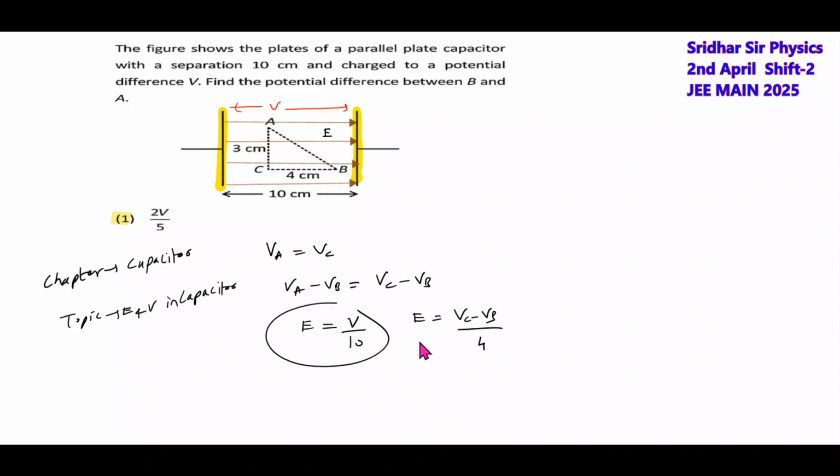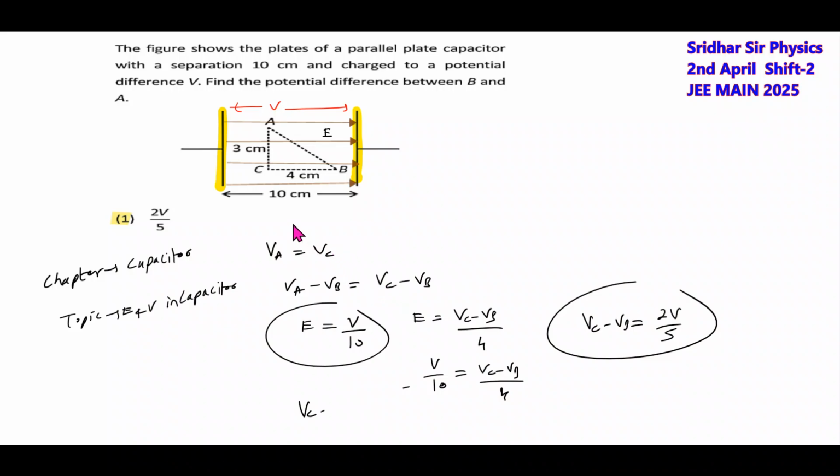It is asking about this VCB. VCB is equal to, here I'll substitute, V by 10 equals VC minus VB by 4. So VC minus VB should be equal to 2V by 5. What is VCB?